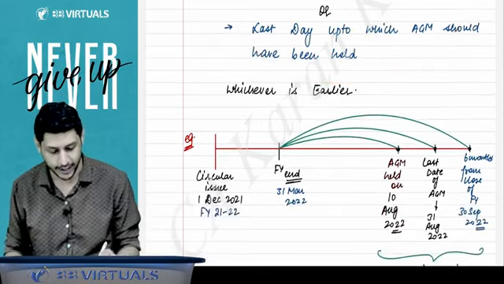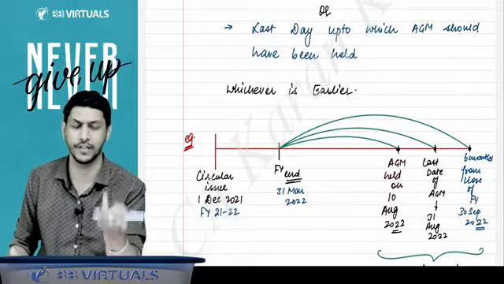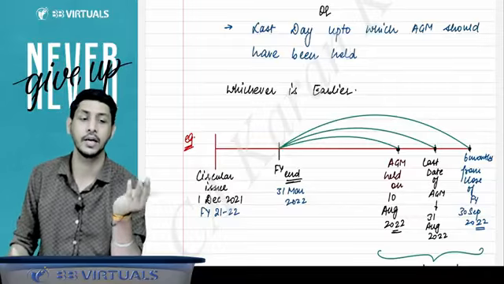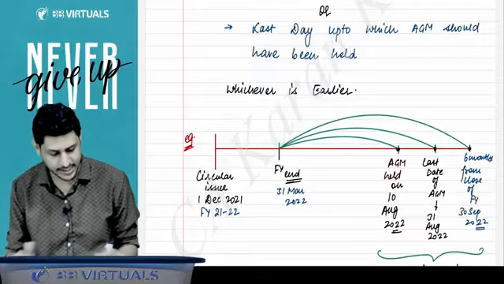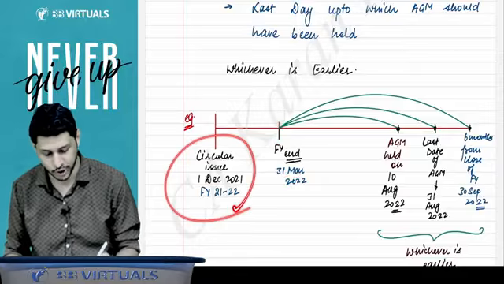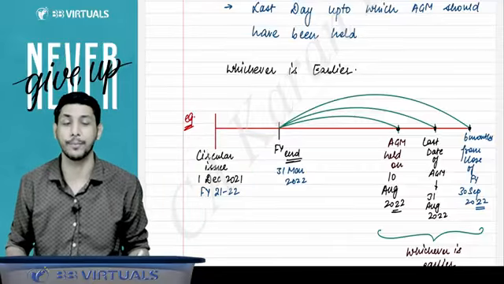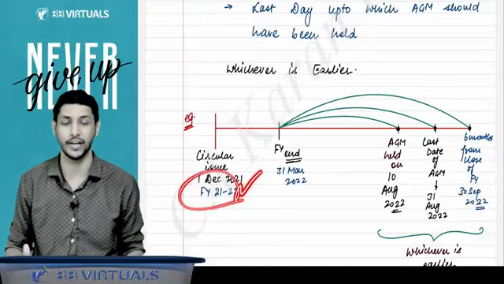First, closure of the financial year; from it you have to count 6 months. Second, your date of AGM. Third, your last date up to which the AGM could have been held. Say the financial year ended on 31st March 2022. Suppose the company issued the circular for accepting deposits on 1st December 2021, in the financial year 21-22.